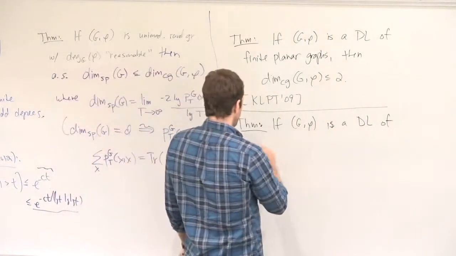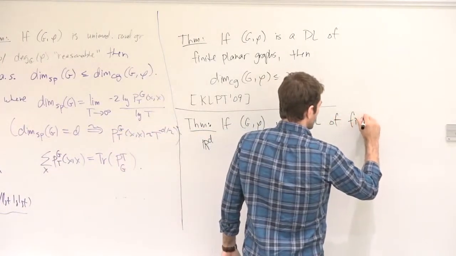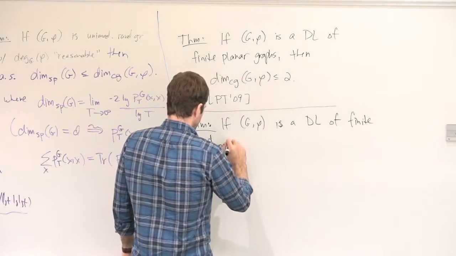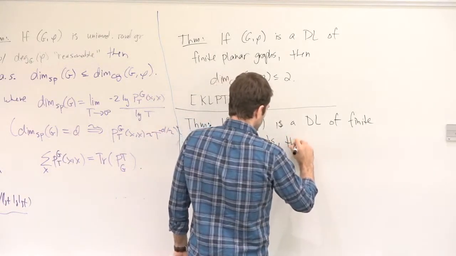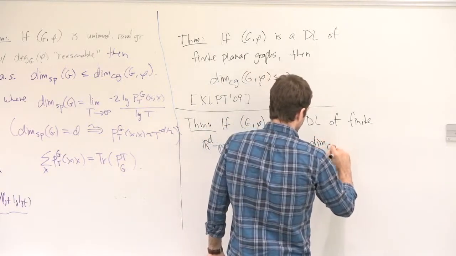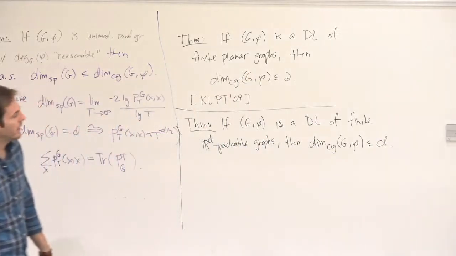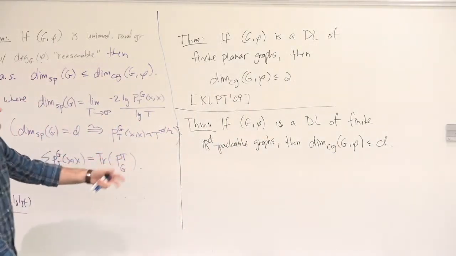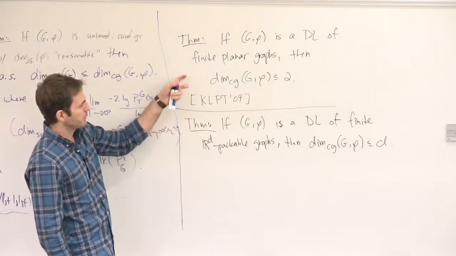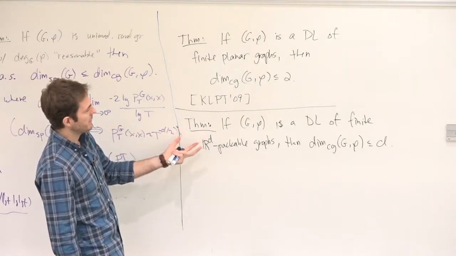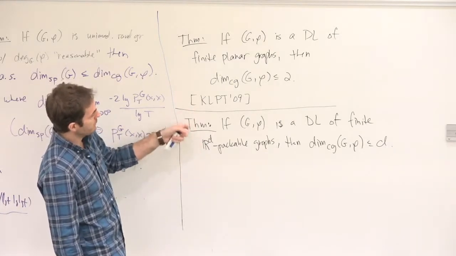So if it's a distributional limit of finite R^D-packable graphs, then this growth exponent is at most D. So the topology, and things like crossing numbers, are not the heart of this proof, because here you can go to higher dimensions, and the proof is actually very general.